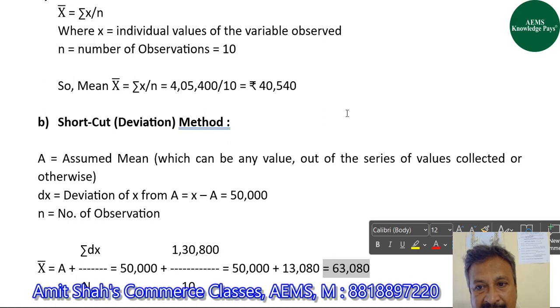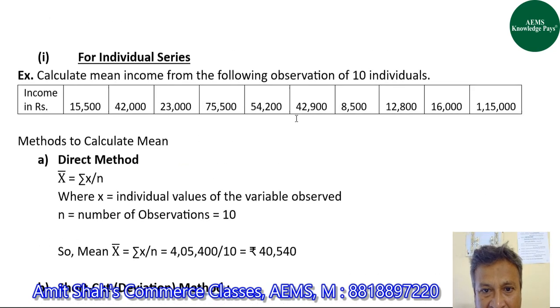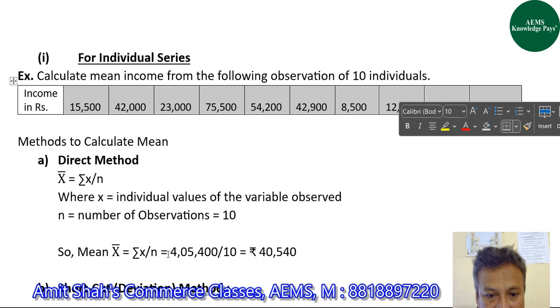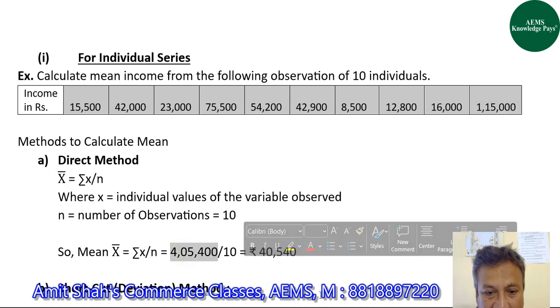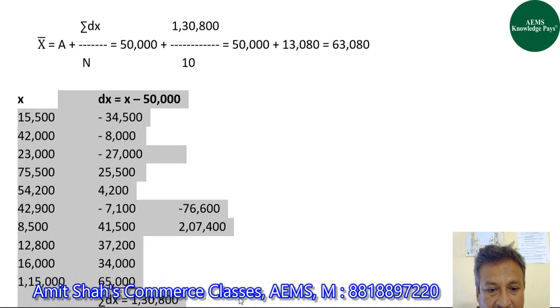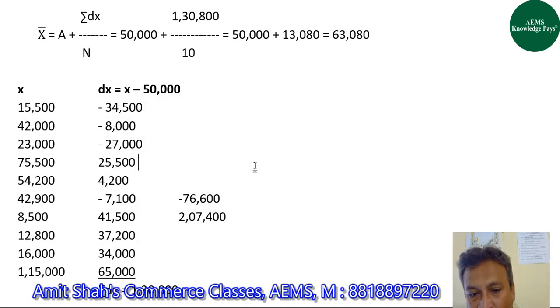By changing the methods, the value should not be different. So I'm leaving it on you to do at home. I might have made some calculation mistake either while doing the total or somewhere else. So please check that at home. I'm leaving this on you.